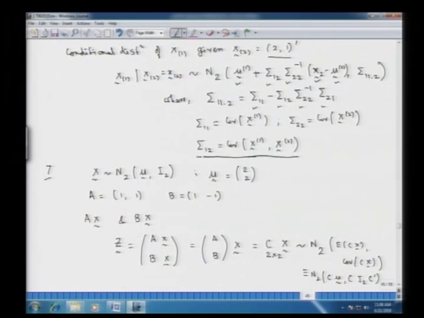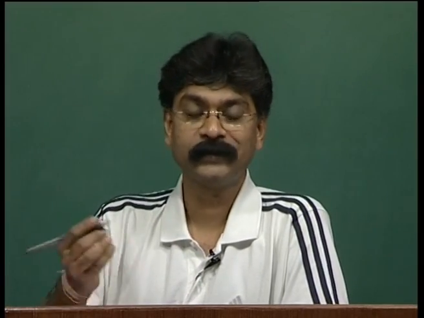So this Z vector, which has Ax and Bx as its two constituent elements, is a two dimensional random vector containing the two quantities in which we are interested, and it has a multivariate normal distribution. To see whether they are independently distributed or not, one can look at the distribution of Z and try to find out if the joint distribution of Ax and Bx is the product of the two respective marginal distributions, but that is a cumbersome way of checking.